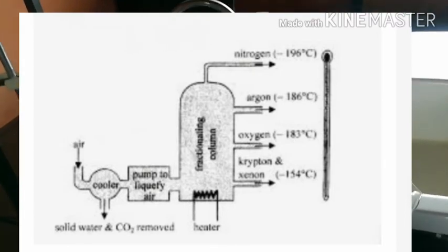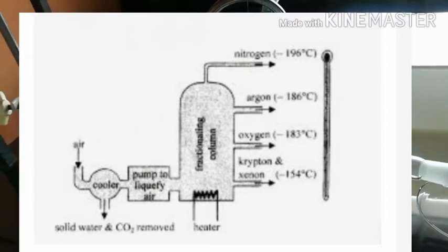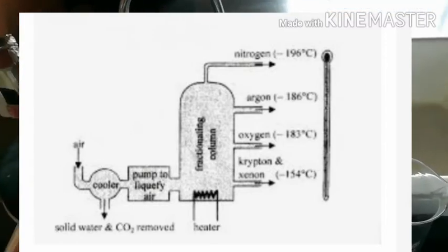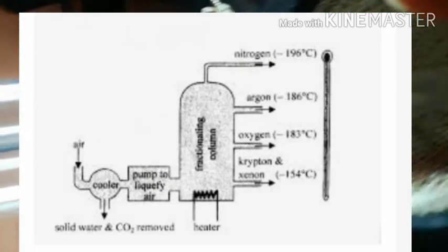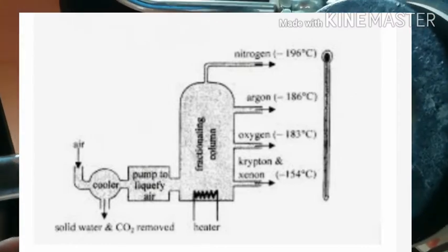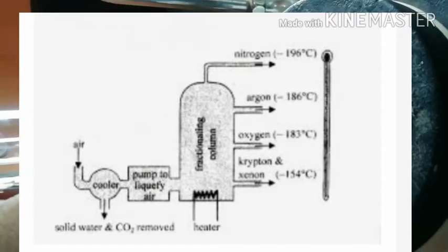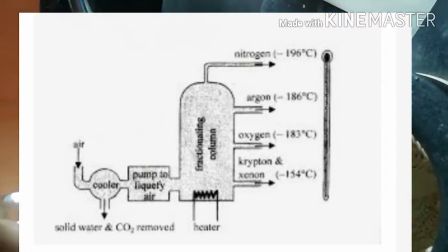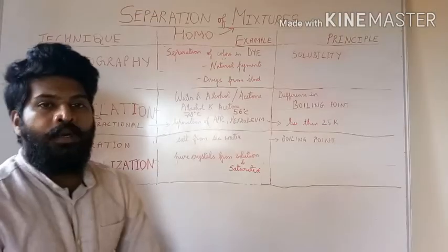In a fractional distillation, you will have a fractionating column. It will be packed with glass beads. So when the vapors rise up in the column, the ones that have lower boiling point will be separated at the bottom, and the ones that have higher boiling point will be separated at different levels.